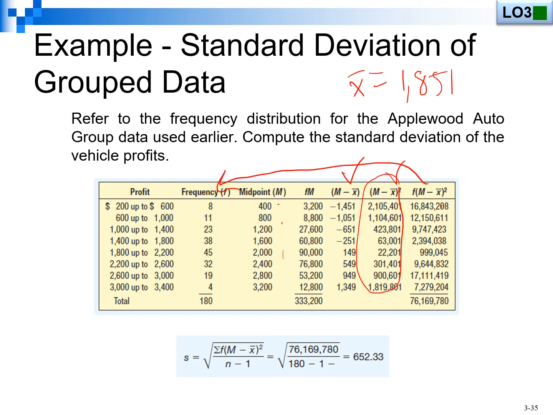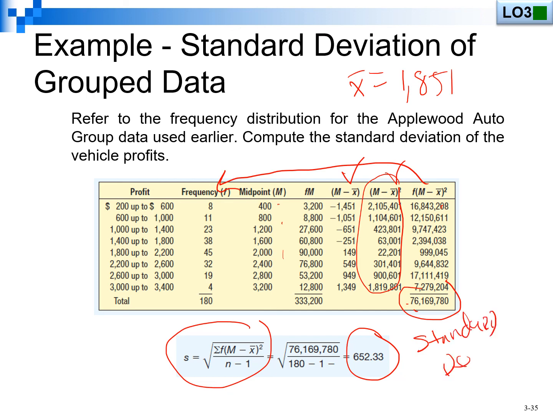That's what they're doing here. And then they get a total. They then take that total, and they're showing you the formula right down here: that total divided by 180 minus 1, and they take the square root of that, and they get this number right down there. That would be your standard deviation of group data.